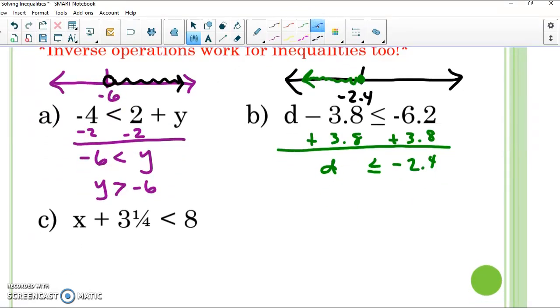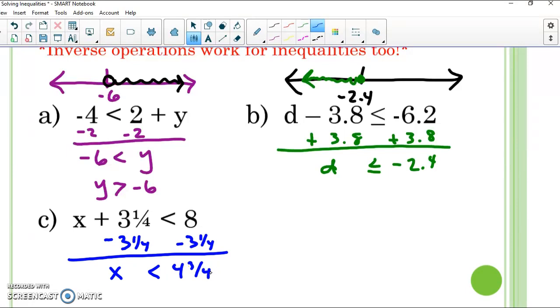And finally, on C, I have x plus 3 and 1/4 is less than 8. I'm going to solve for x, so I need to get rid of 3 and 1/4, so I'll subtract it from both sides. So I end up with x is less than 4 and 3/4.